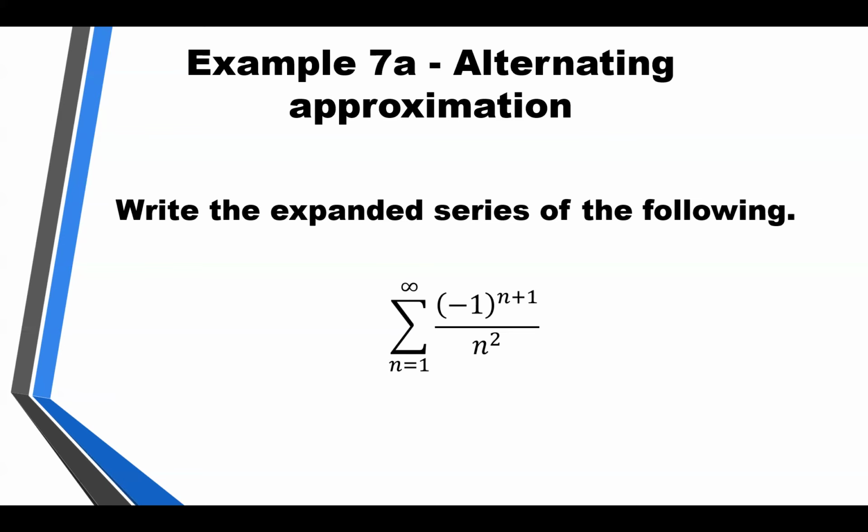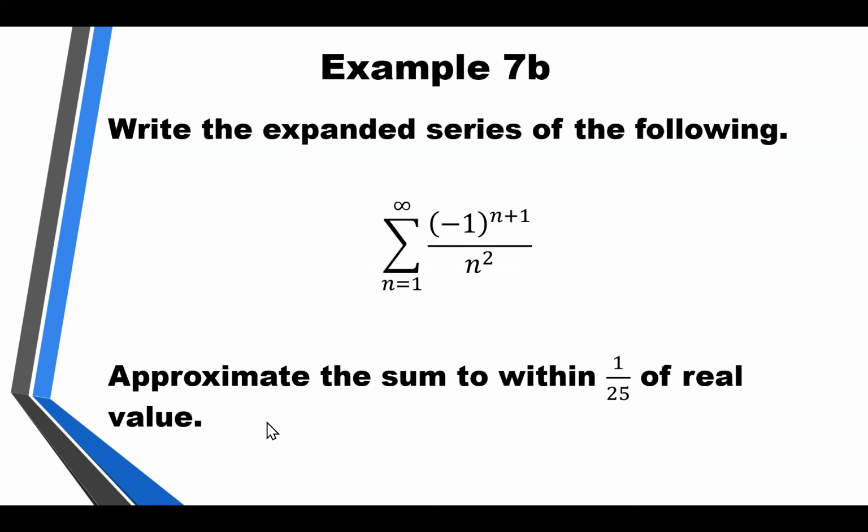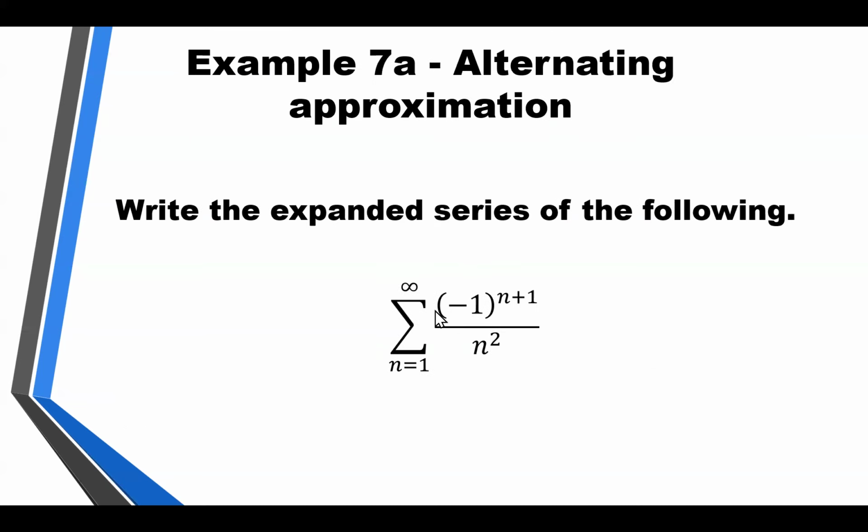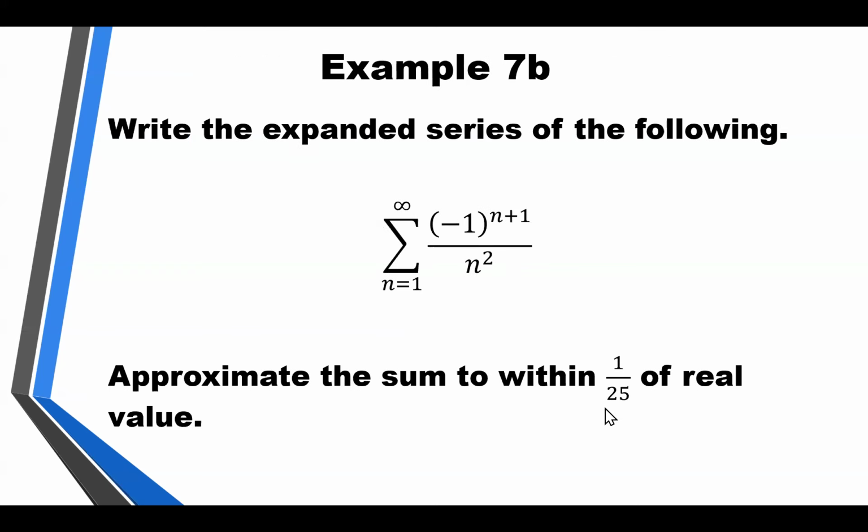So we're going to expand this series, and then approximate the sum within 1 over 25 of the real value of the sum. In other words, I know it converges, so this series is going to be converging towards some number. I want to get within 1/25th of whatever that number is. And then we'll say, well, what if we wanted to get within 1/50th of whatever that real number was?